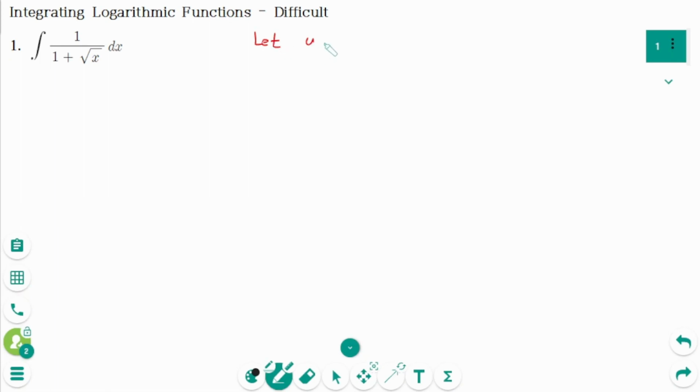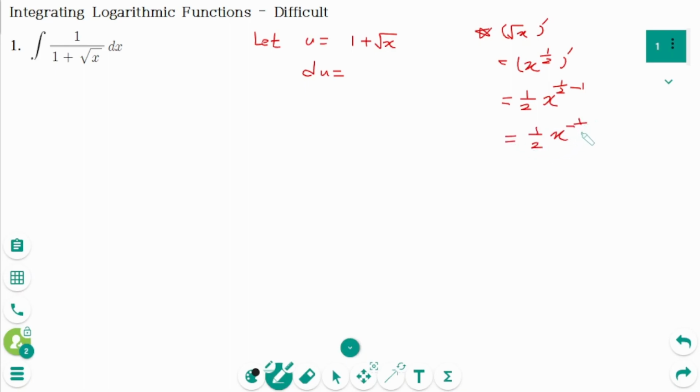Let u equal 1 plus square root of x. There are two ways to find du here. Let's do the method we used first. du equals the derivative of square root of x, which is x to the power of 1 over 2 prime, equals 1 over 2 x to the power of 1 over 2 minus 1, equals 1 over 2 x to the power of minus 1 over 2.